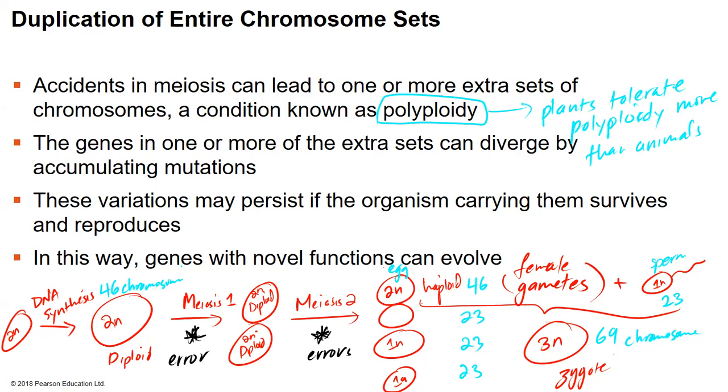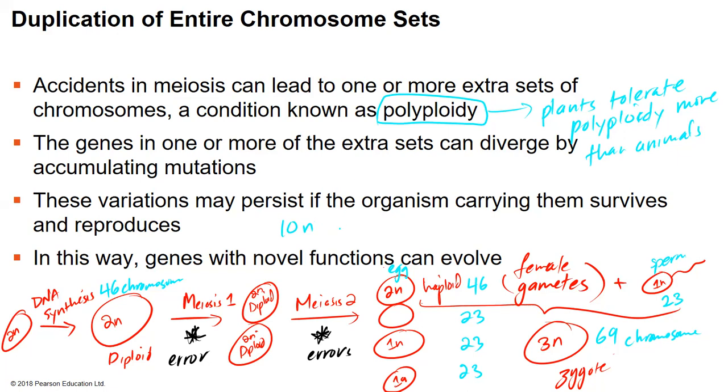So, for example, some types of strawberries are 10N, 10 sets of chromosomes, okay?